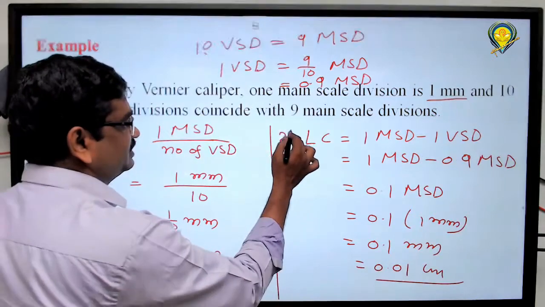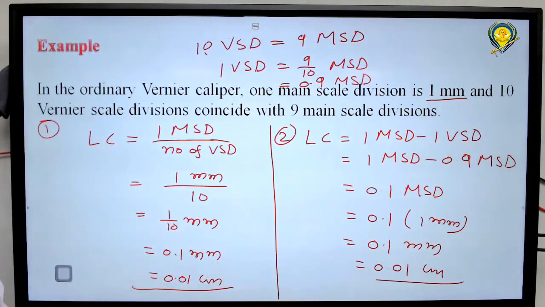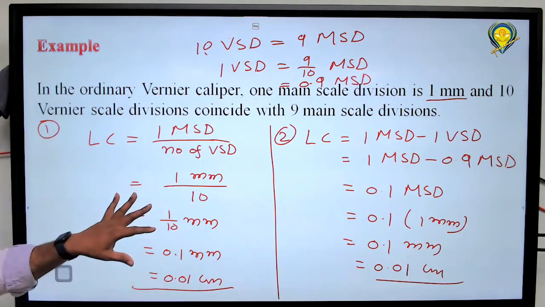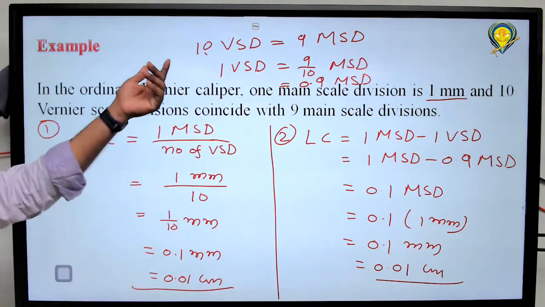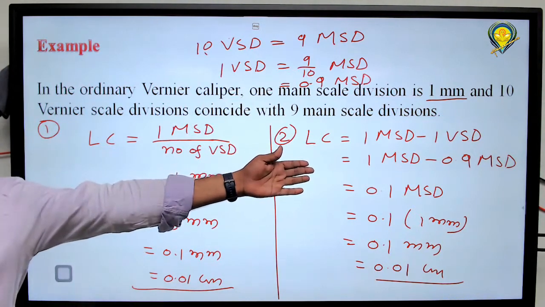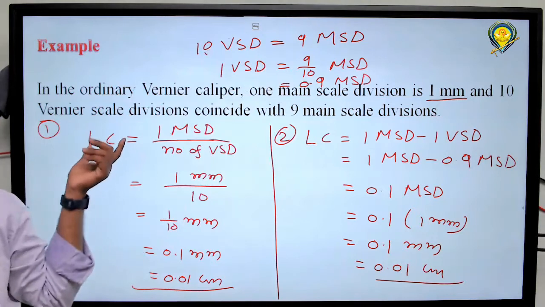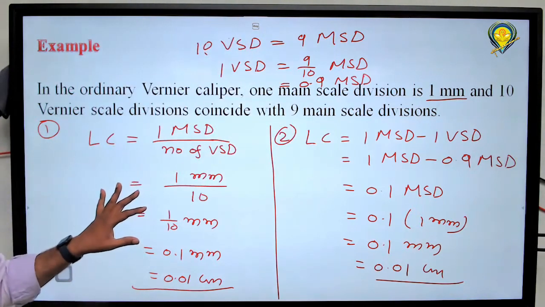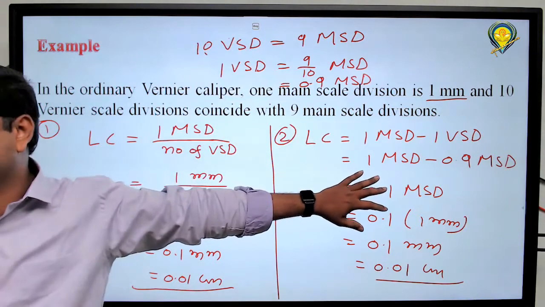So this is the second method. Method 2. If n minus 1 is there, then you can use it directly. Otherwise, if 10 lines coincide with 8 lines only, then we need to use this process only. If 10 lines coincide with 9 lines in the main scale, we can use this one directly. Otherwise, you need to use the second method.